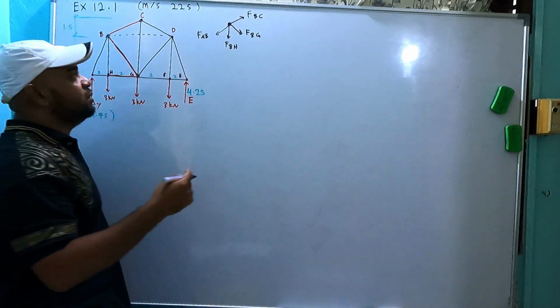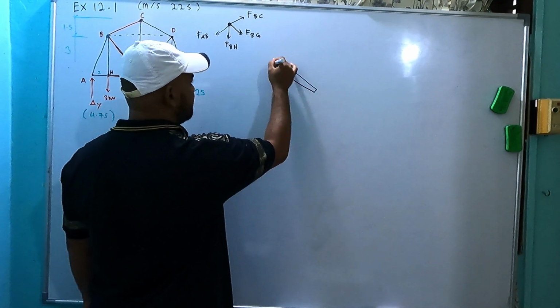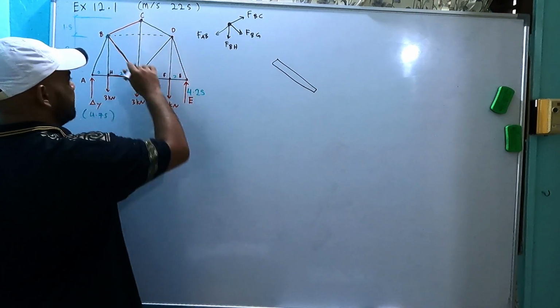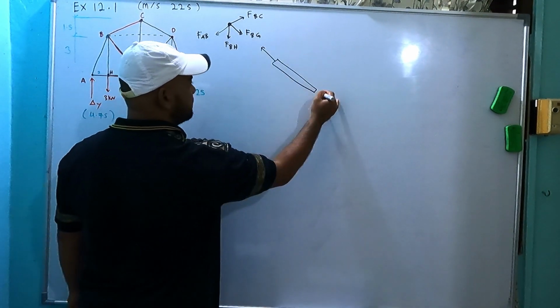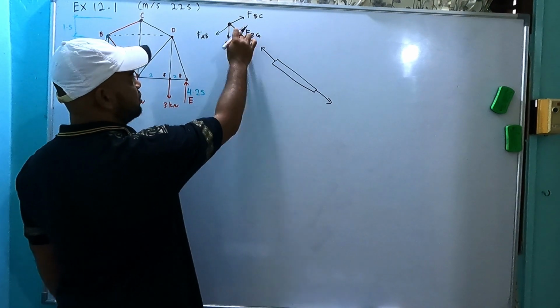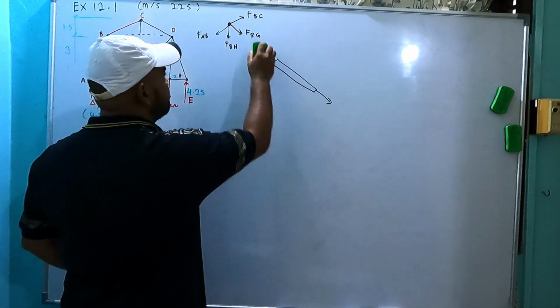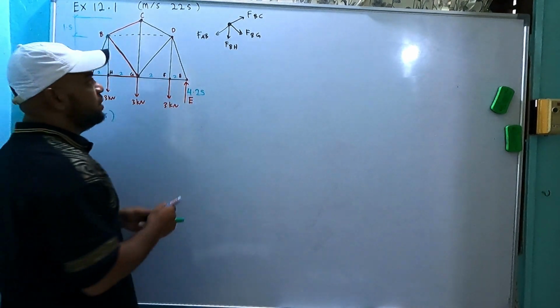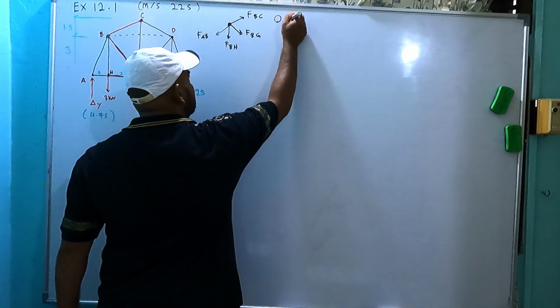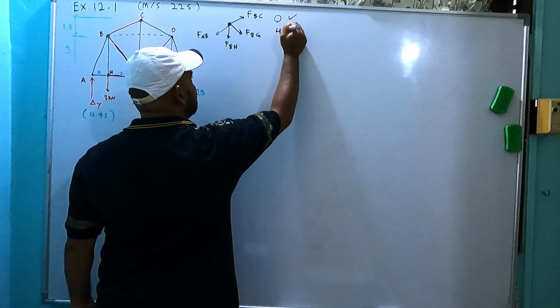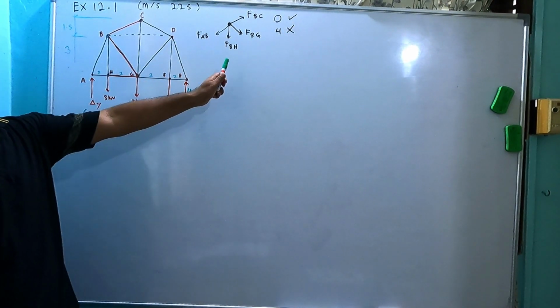Doing like that means that the component, let's say this one, BG, is in this direction, in tension. It is opposite from this one, it is in tension. So from here you can see that we have 0 known and 4 unknown. For sure, you cannot start by this point.